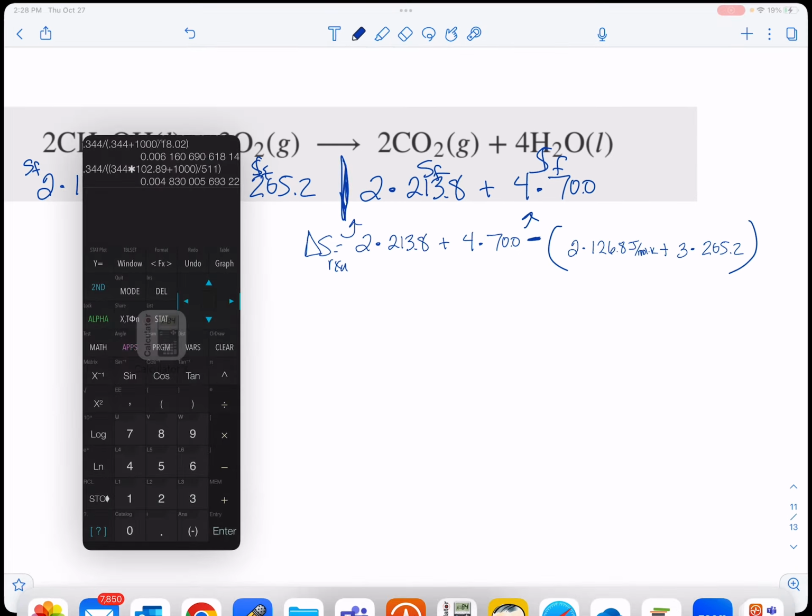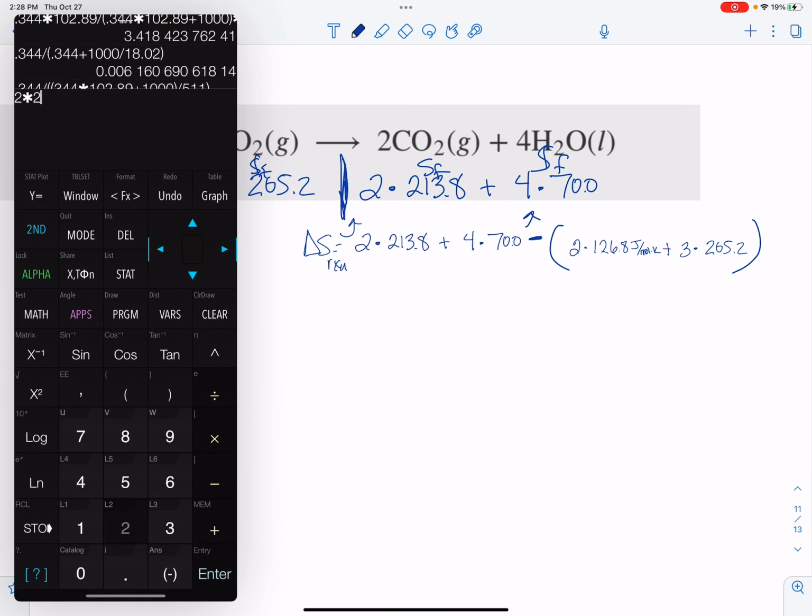I'm going to come over here. So 2 times 213.8 plus 4 times 70 minus parentheses 2 times 126.8 plus 3 times 205.2.